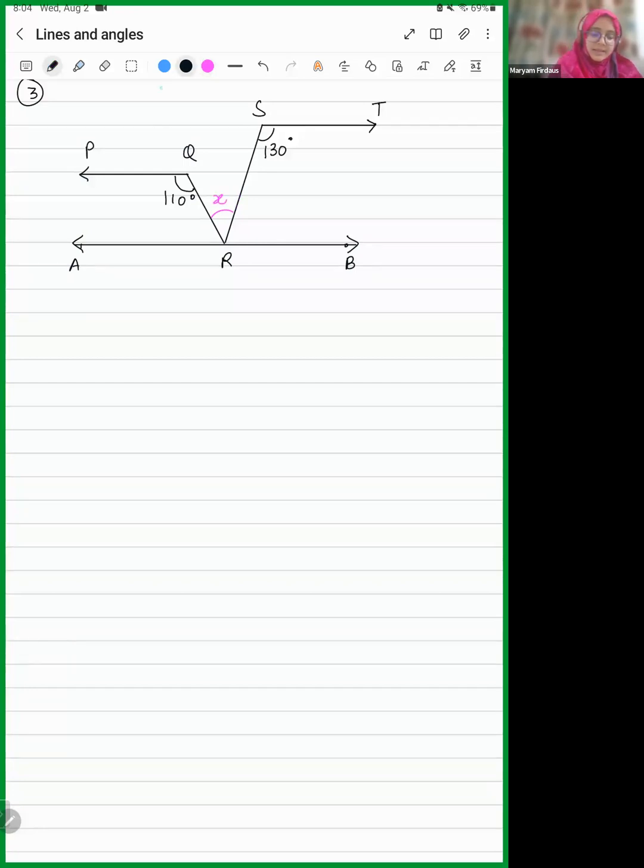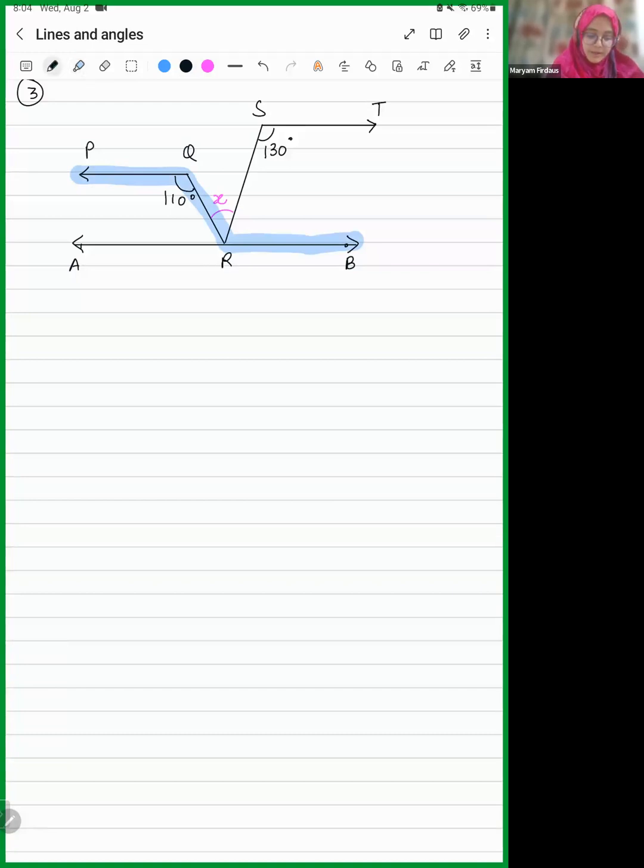Now, can someone tell me how to find X? Okay, can you look at this? This is what? Alternate interior angles? Yes or no? Because they're both parallel lines, PQ and AB. They are parallel lines. So this is making alternate interior angles.